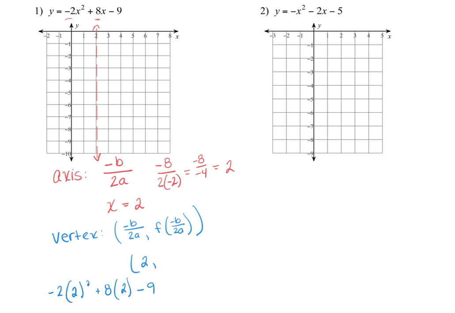Remember, we're going to do exponents first, then multiplication, division, then addition, subtraction, okay? We don't have any grouping here. So in this case, I'm going to take this 2 and square it. So 2 squared is 4 times negative 2. I have a negative 8 plus this 8 times 2, 16. And then I have minus 9. Okay?